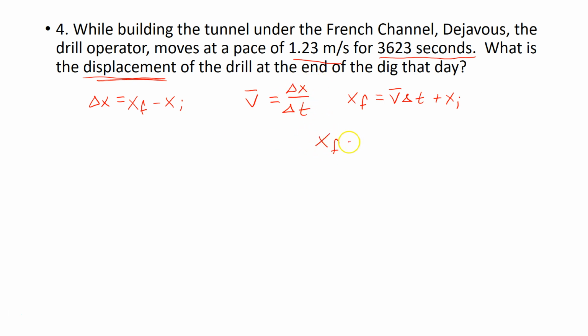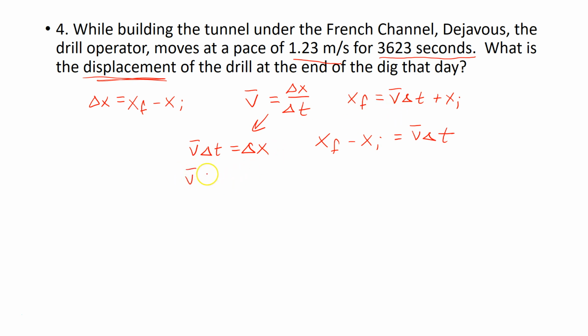So XF minus XI is equal to the velocity times the change in time. And we can do the same thing with this equation. I can just multiply the change in time by both sides, and I end up with velocity times the change in time is equal to the change in position. So either equation, they actually are exactly the same.